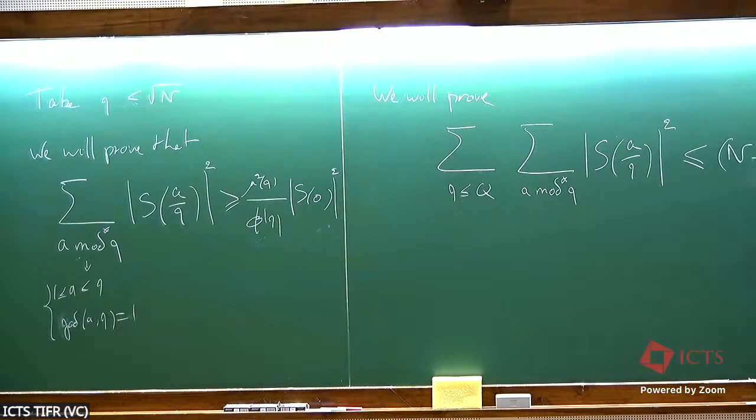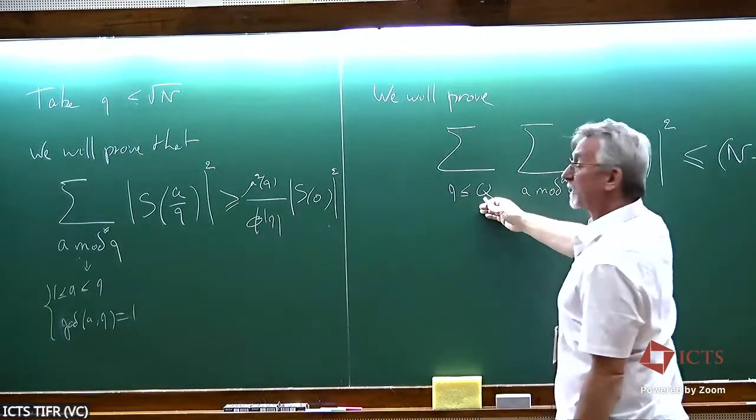But the L2 norm of something which is 0 or 1 is 0 or 1. Yeah? So this one is S of 0. So I'm going to prove this one for any parameter Q.